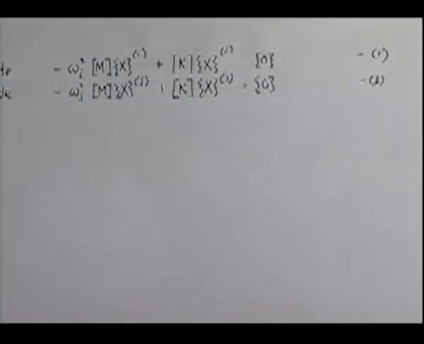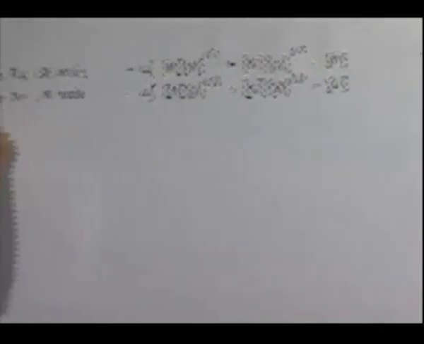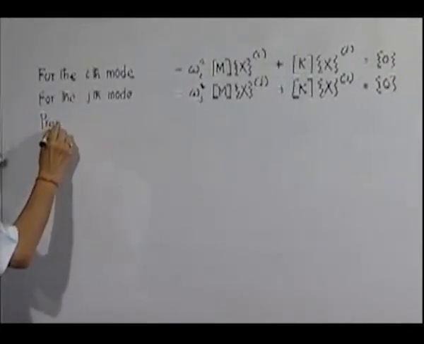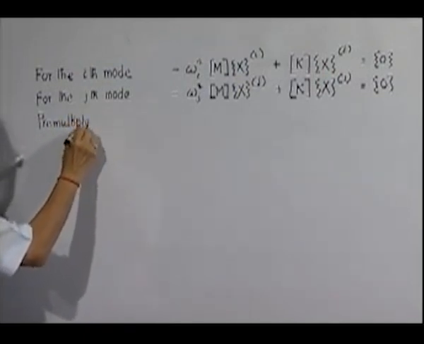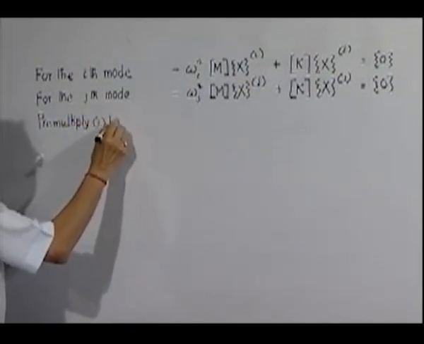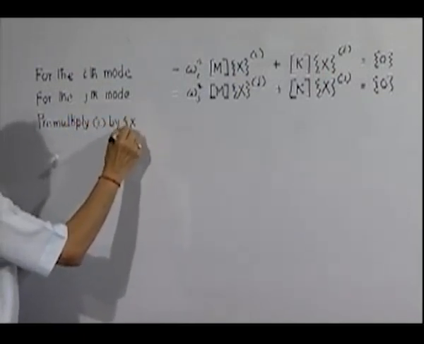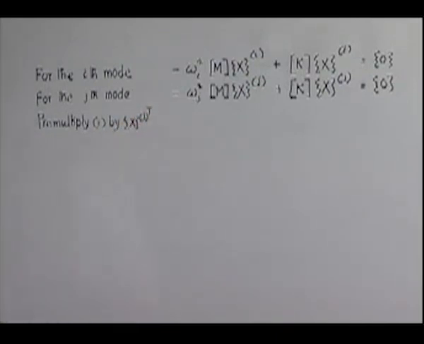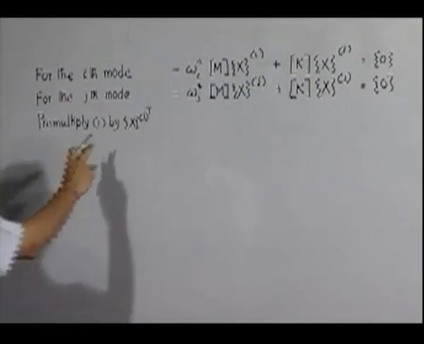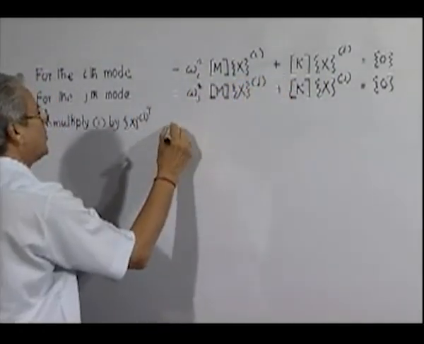Now, pre-multiply 1 by x j transpose. Transpose, I am quite sure you understand, is the transpose of a matrix, just exchanging the columns and rows. So, if we pre-multiply this equation by this, what we will get?